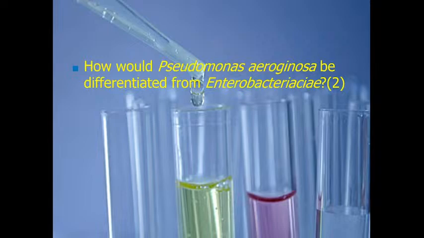Now, we have two ways to differentiate Pseudomonas from the members of the Enterobacteriaceae family. Again, as I mentioned before, it's an oxidizer, therefore it has an oxidase enzyme, and of course the TSI, triple sugar iron agar, is K over K, so alkaline over alkaline, meaning it's non-fermentative.